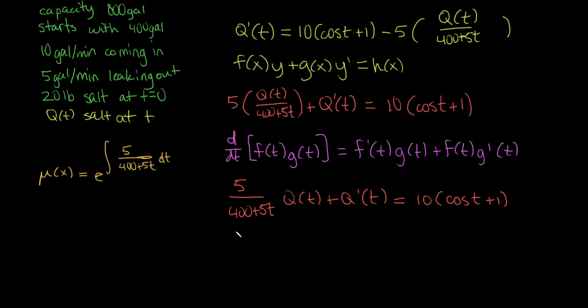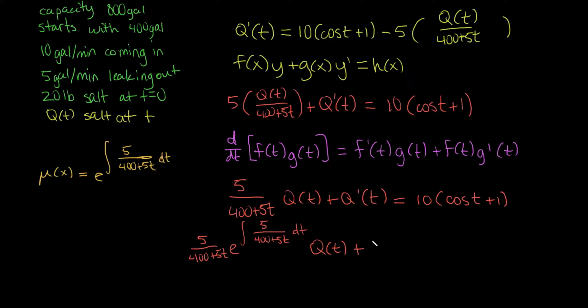So if we multiply in mu of x to both sides, then we get e to the integral of 5 divided by 400 plus 5t dt. And this is also being multiplied by 5 divided by 400 plus 5t out here. And then this is multiplied by q of t.